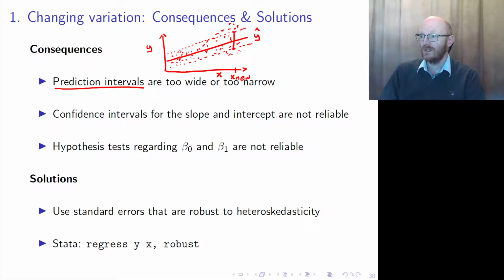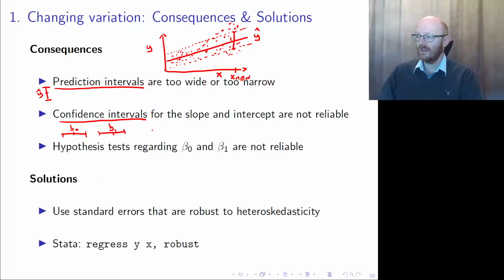In addition, the prediction intervals are these vertical lines, and the confidence intervals are these horizontal lines. The confidence intervals for the slope and intercept are not reliable, and because these are not reliable, the hypothesis tests regarding the true parameter values are not reliable.